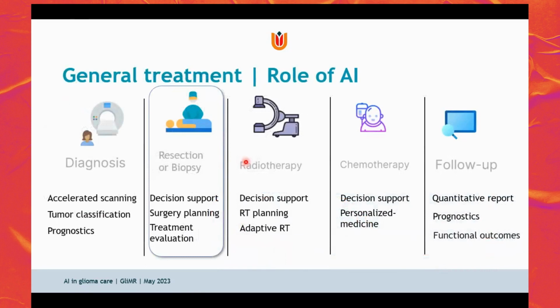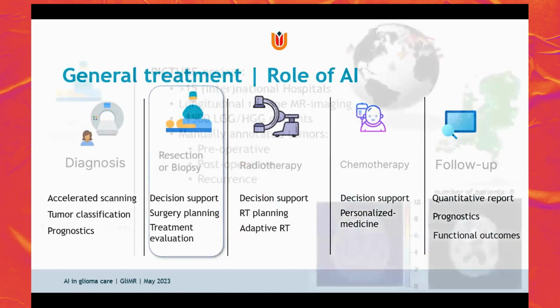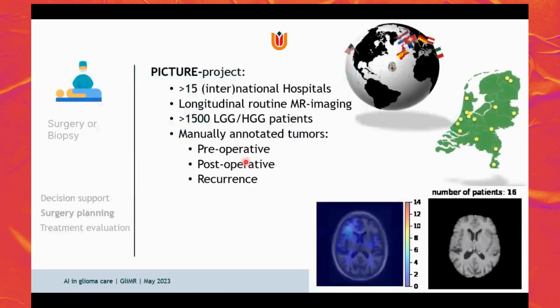Then, I think we're already almost halfway through our talk, and we finally got to the first treatment of the patient, namely surgery. And this is a bit closer to the work that we're focusing on in our project, the PICTURE project, where we have collected data from over 15 national and international hospitals, including over 1,500 low and high grade patients.